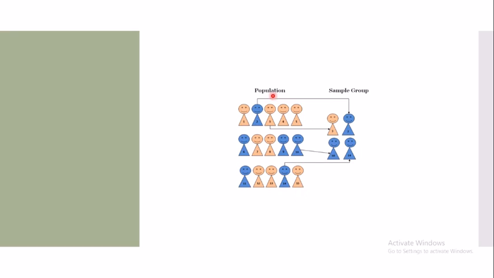But in this case, if you closely observe the population, the blue team has only 1, 2, 3, 4, 5, and 6, and the beige team has 1, 2, 3, 4, 5, 6, 7, 8, 9. So here you have 9 members in the beige team, and in the blue team you have only 6 members. Now the number of individuals in each group is not the same.